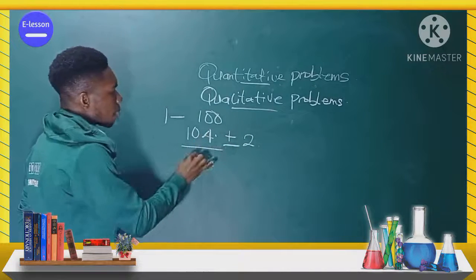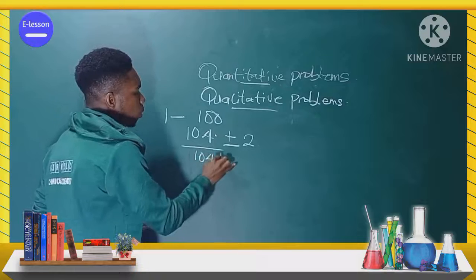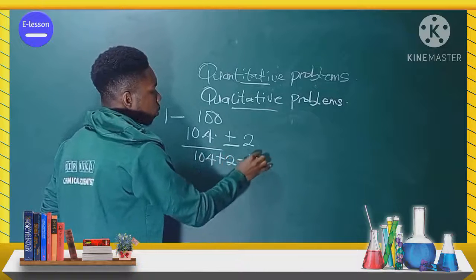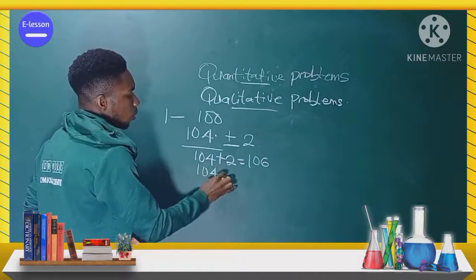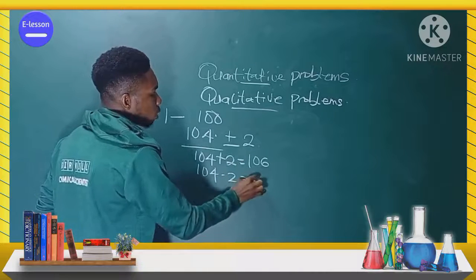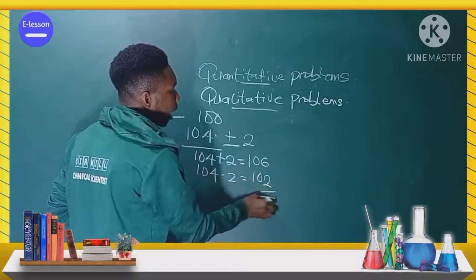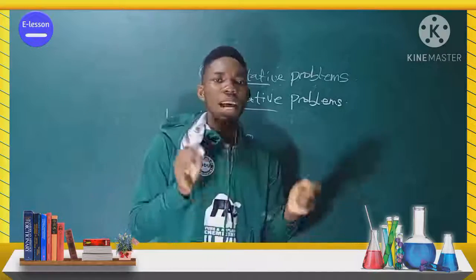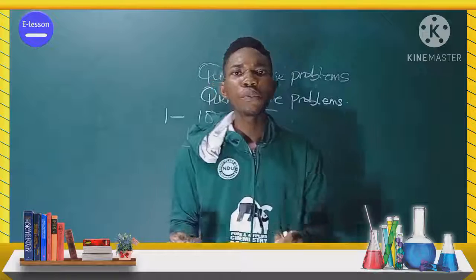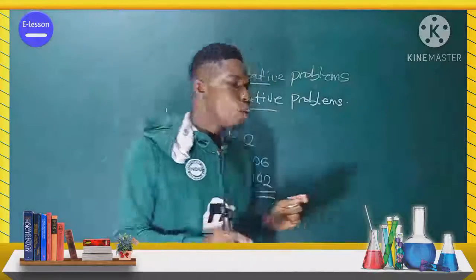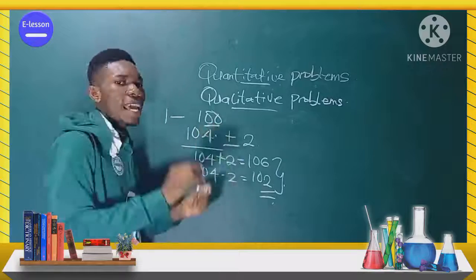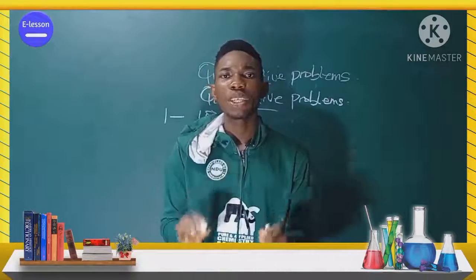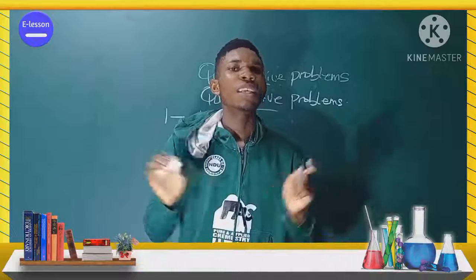If you do this mathematics, 104 plus 2 will give us 106, then 104 minus 2 will give us 102. Now, having stated the errors associated with them and even using the error in our calculation, we discovered that the values are still greater than what? 100. Hence, a new reagent has been discovered.